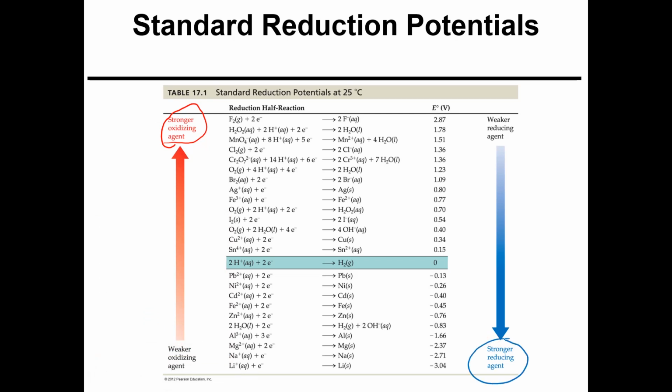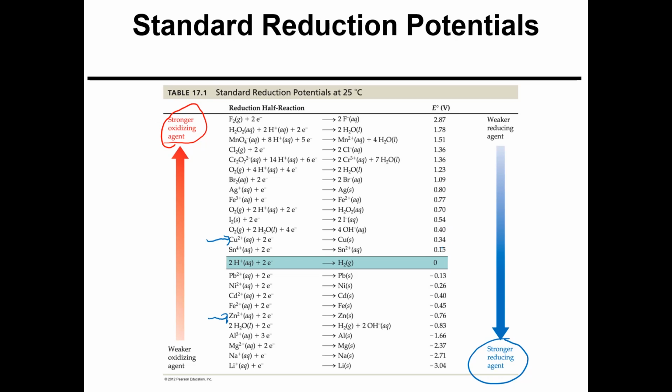So if you're looking at two of these and comparing, for example, if we were looking at zinc and copper, which is a common one to use as an example in electrochemistry, if we're comparing those two, zinc has the stronger reducing agent, copper is the stronger oxidizing agent.